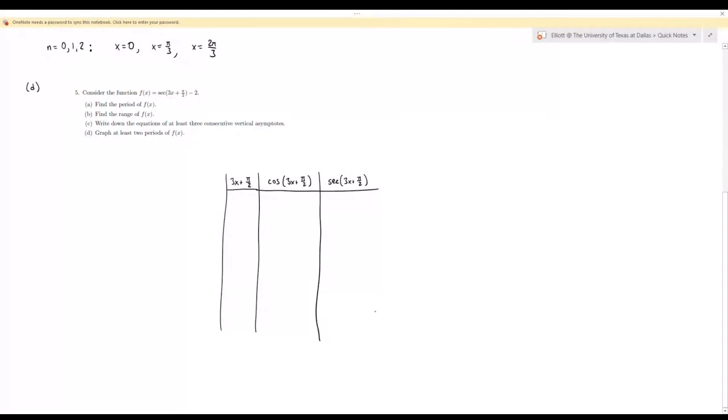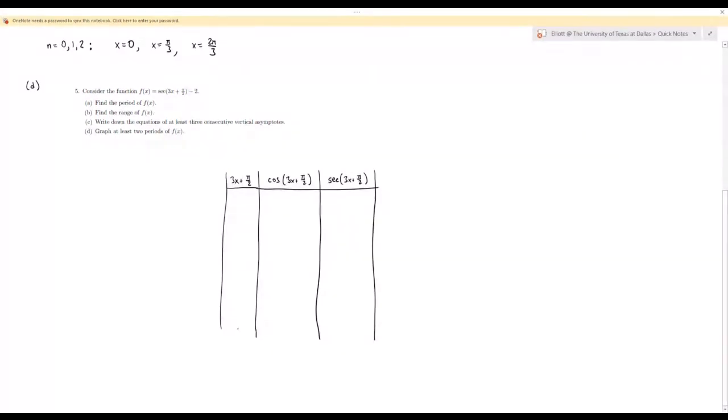You don't necessarily have to do that, but it's my personal preference because it's easier for me to dig up cosine and to get secant by doing the reciprocal.